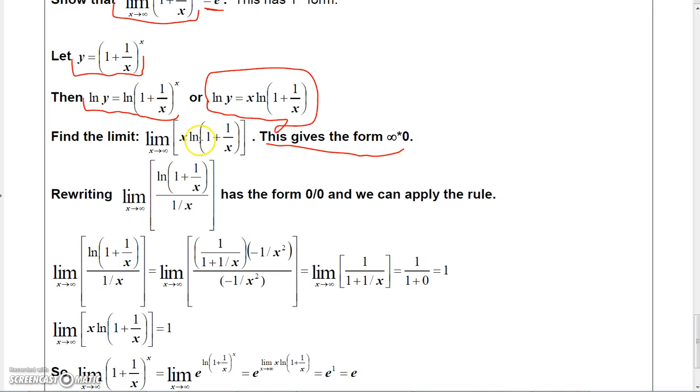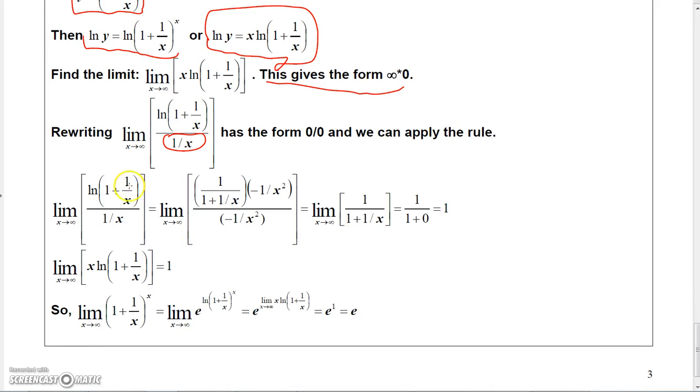But we can write that by moving the x to the bottom as 1 over x. Now this limit becomes the limit of natural log of 1 plus 1 over x over 1 over x. Well, 1 plus 1 over x goes to 1, so you have natural log of 1, which is 0, in the numerator, and 1 over x goes to 0 as x goes to infinity. So now we can apply L'Hopital's rule.